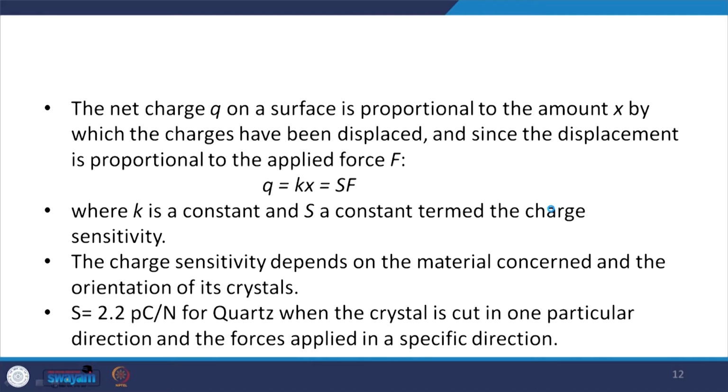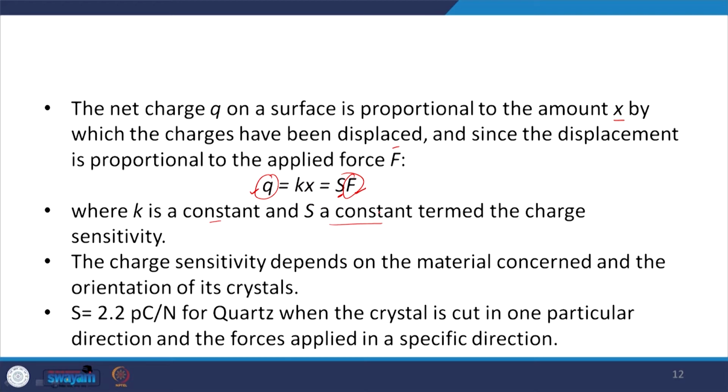Now, the net charge Q on the surface is proportional to the amount x by which the charges have been displaced, and since this displacement is proportional to the applied force, we can write Q = Kx, and this I can write with another constant S as Q = S F. So, basically Q is directly proportional to F. Here K is a constant and S is a constant called the charge sensitivity.